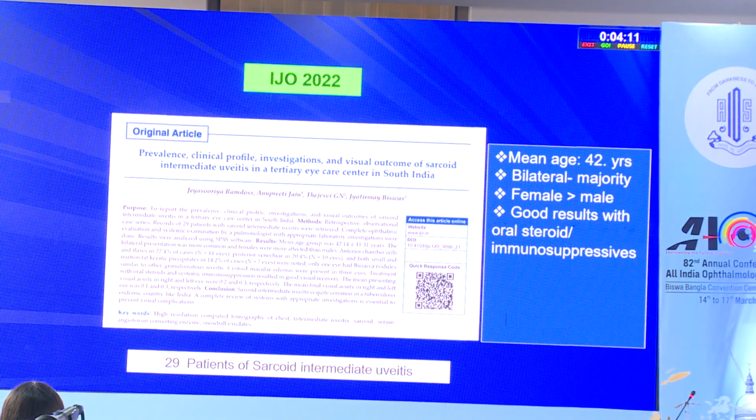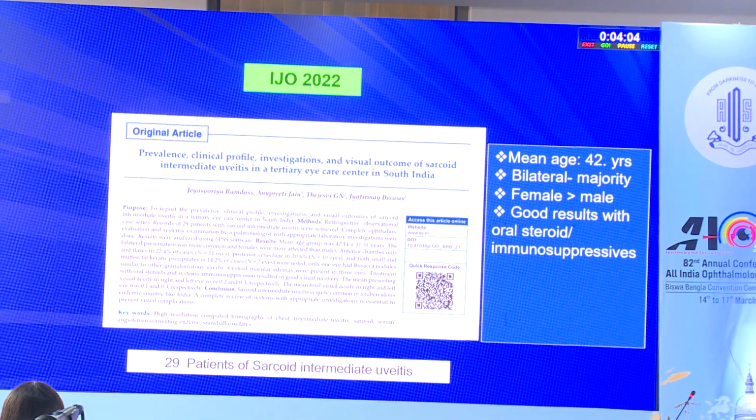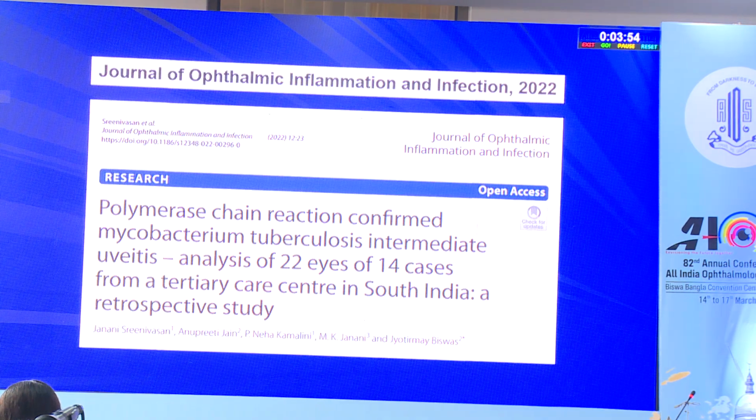We had a sarcoid intermediate uveitis series in the Indian Journal of Ophthalmology 2022 in which we described 29 patients. Mean age was 42 years, mostly bilateral, with good results with oral steroid and immunosuppressive agents. Females were more common than males. We also described 22 eyes of 14 cases of tubercular intermediate uveitis, which were PCR confirmed.